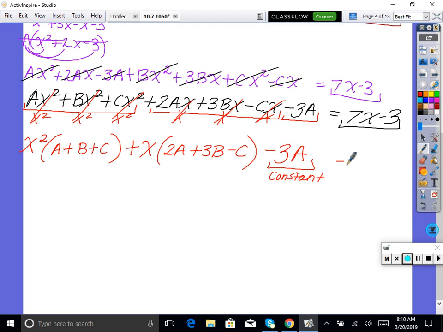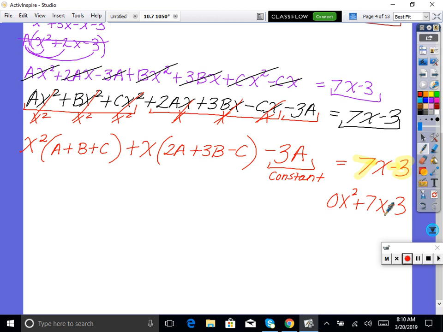Now don't we need that in the end to equal 7x minus 3? My coefficients are 7 and negative 3. All right, let's line it up. Was there any x squareds here? No, so technically, guys, we have 0x squareds plus 7x minus 3 is what we want in our numerator.